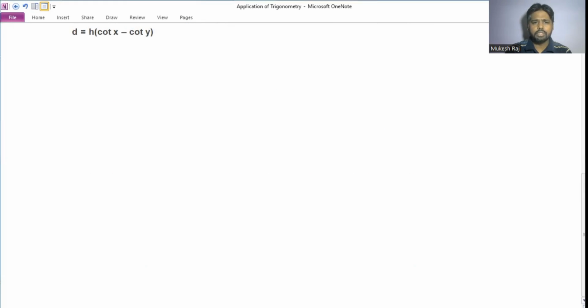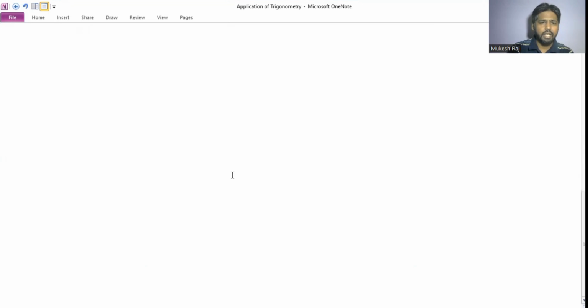Moving on to the next case, that is the third case, where we are going to use a very common method, and we have come across this method many a time, or rather we can say that we have studied this concept in the previous classes.